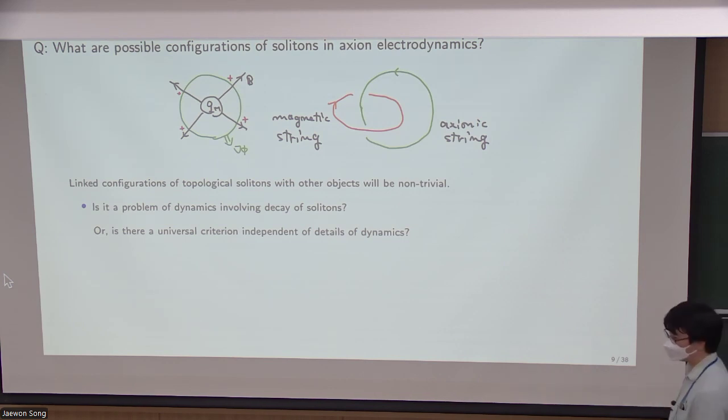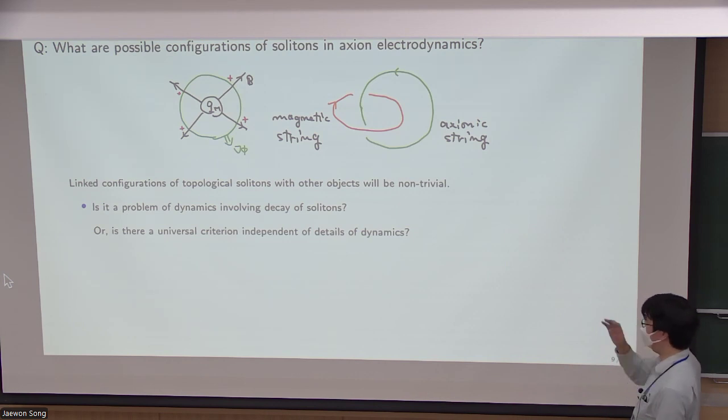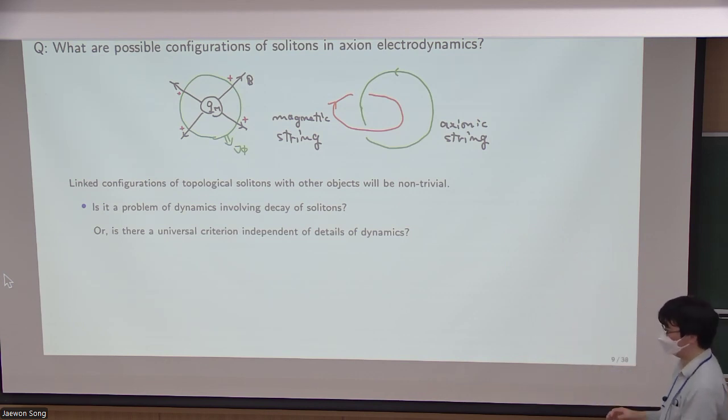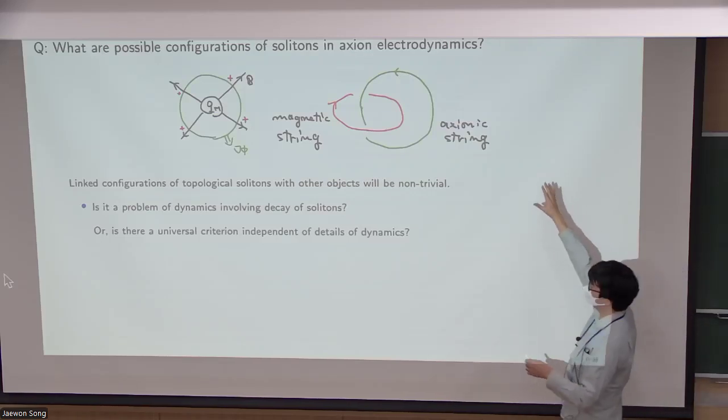Maybe people don't know. Mathematically, I think this configuration, this linking, is called a surface link. Yes, so it is a link of two surfaces in four dimensions. And this surface link can be reduced to the ordinary link in three dimensions.